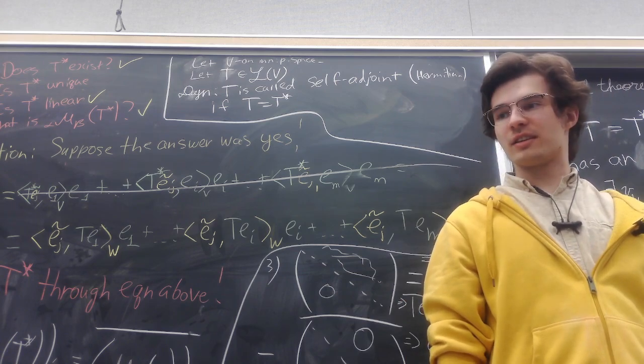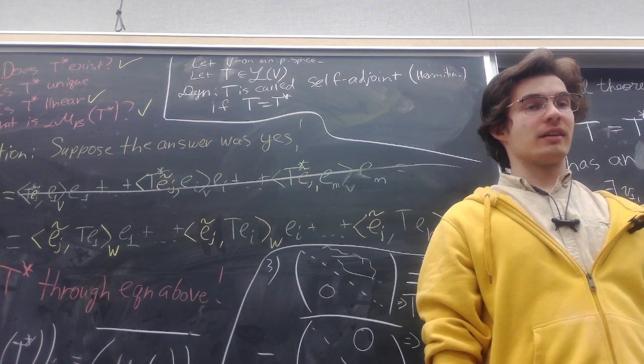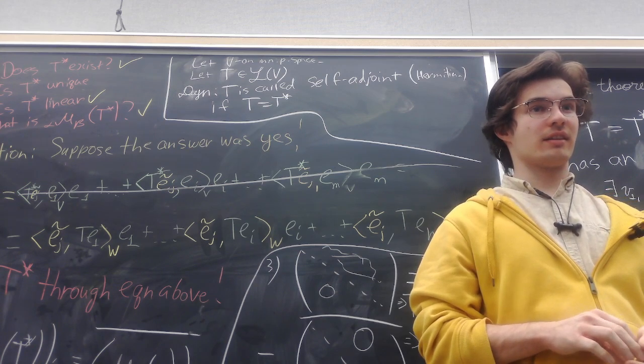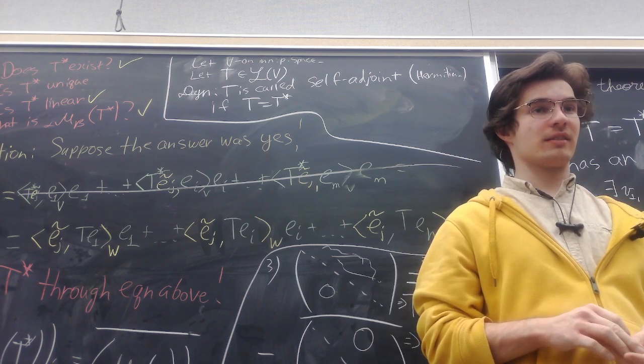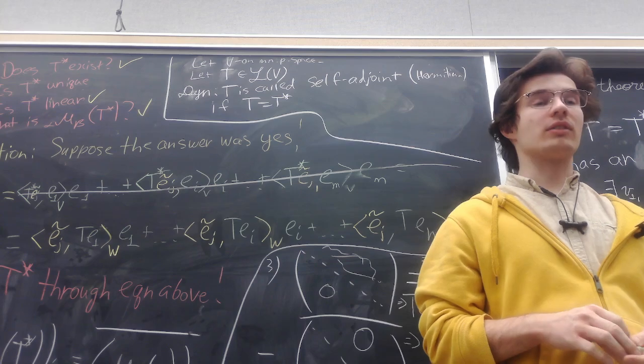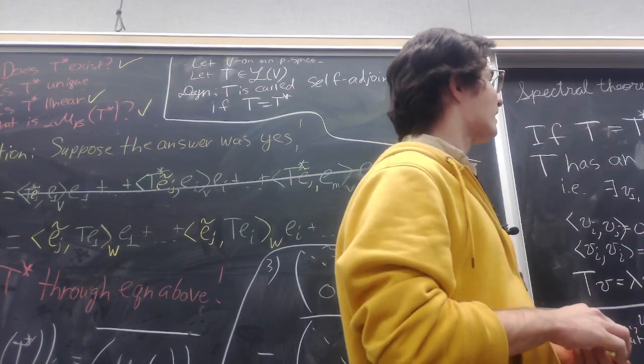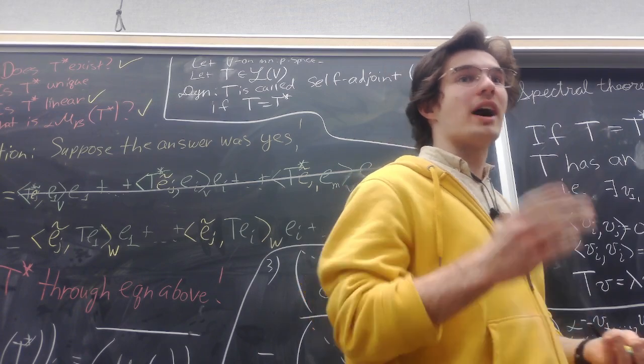I have a question. If T has an orthonormal basis of eigenvectors with real eigenvalues, that does not imply that T equals T star? Oh, it does. So this is in fact an if and only if. Why?